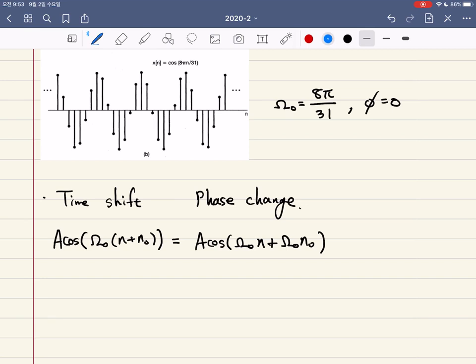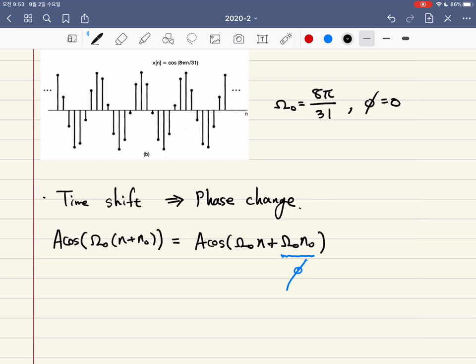And as we already did in the continuous time case, we can define this as phi, and obviously we can say that shifting the time can be seen as shifting the phase. So we have this way as true.